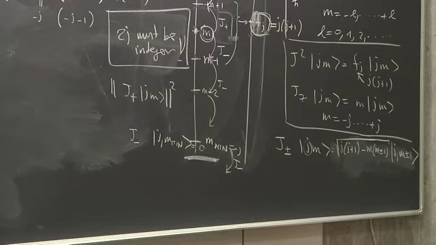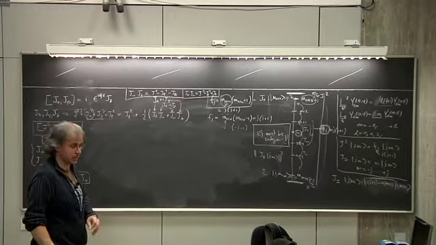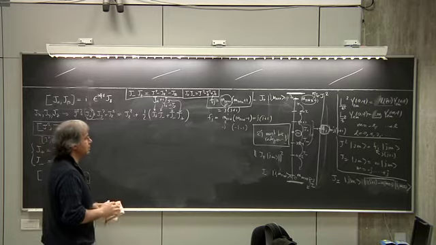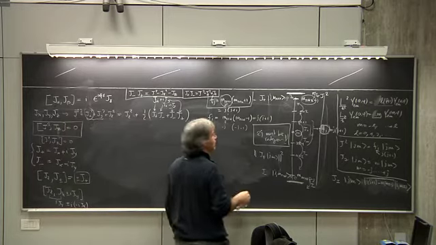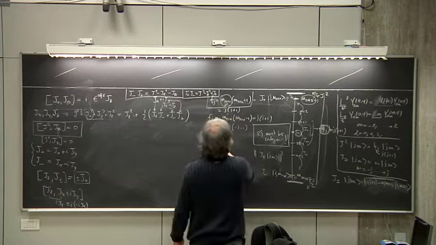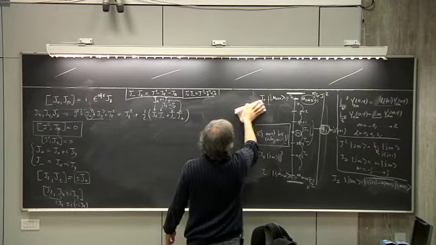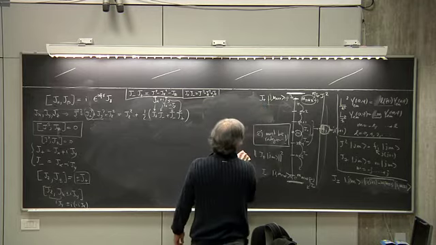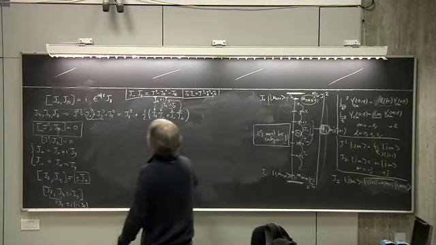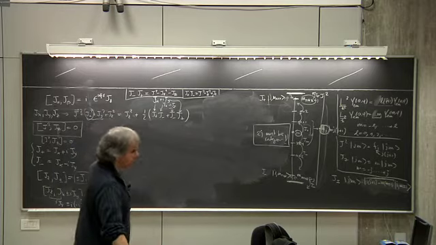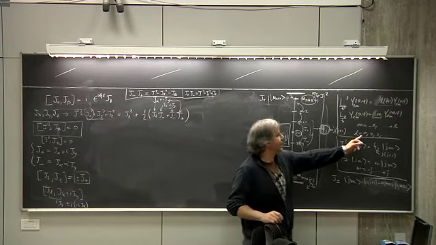Now, this story about the ladder will be very useful in constructing the spherical harmonics in 5 minutes or so. Okay, so we will keep using the same strategy, but this time to construct explicitly the various states. Okay? So let us comment now on the possible value of L here.